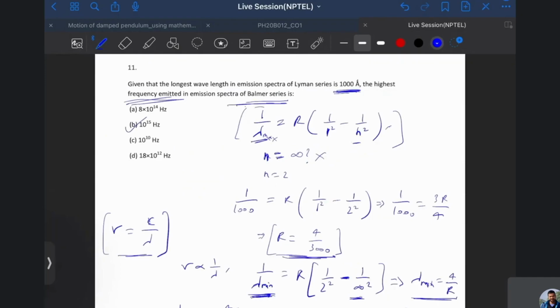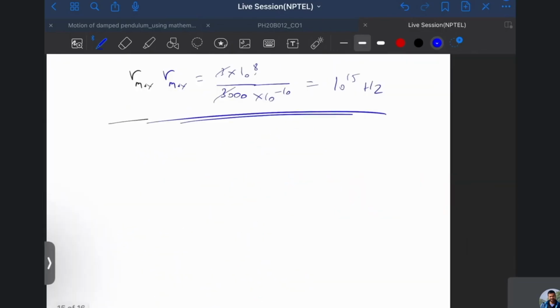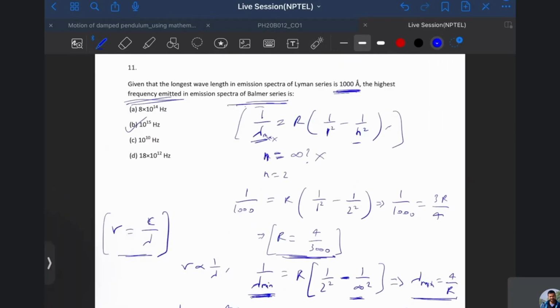So you have to really think about it. Okay, just don't remember the formula. Think about what is happening. Okay, then you will be able to solve the problems easily. Okay, so any other question, anything you want to ask?